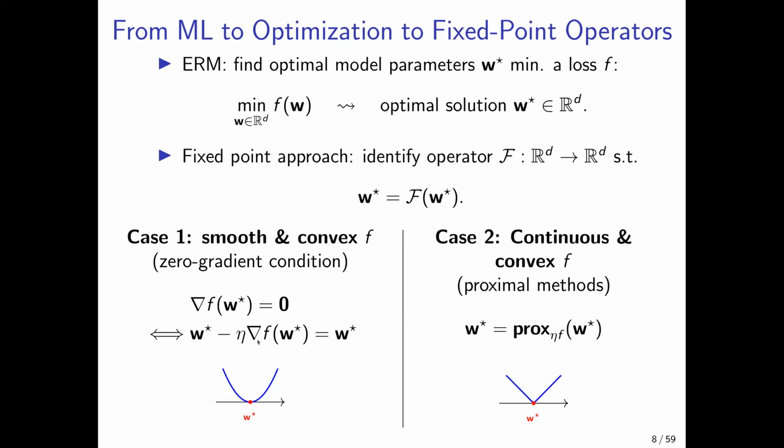In this lecture, we will study proximal methods. And it turns out that proximal methods also allow some fixed point interpretation. And this allows us to also study the convergence of such iterative non-smooth optimization methods.